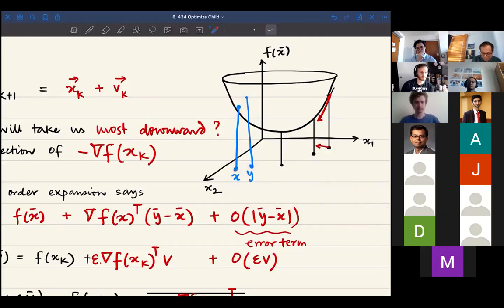So in other words, if I take the gradient of f at x and multiply it with y minus x, it takes me upwards. Right? Because imagine the gradient is like that, and I multiply it by y minus x. That vector takes me like that. And I have to add some approximate error to take me exactly to f(y).